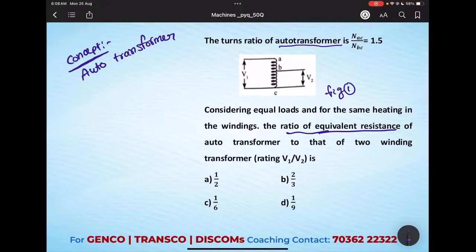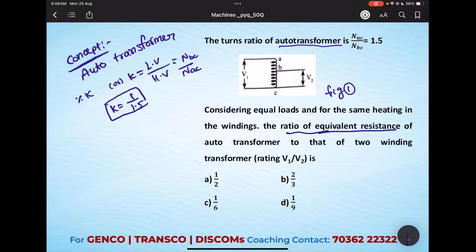In an auto transformer, the percentage tapping is K, or you can say K equal to LV turns by HV turns. That means K is equal to NBC by NAC. We know that K equal to LV by HV. From that we can calculate K as 1 by 1.5.